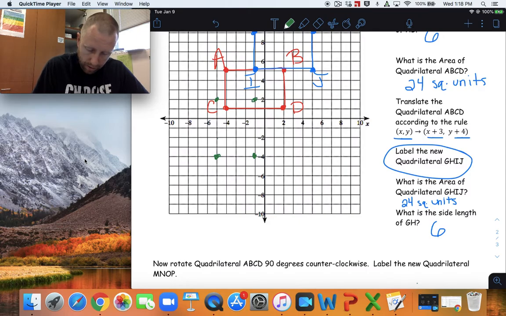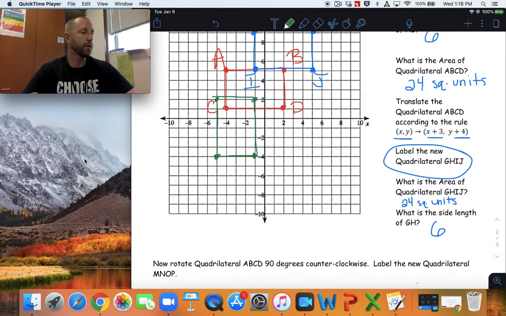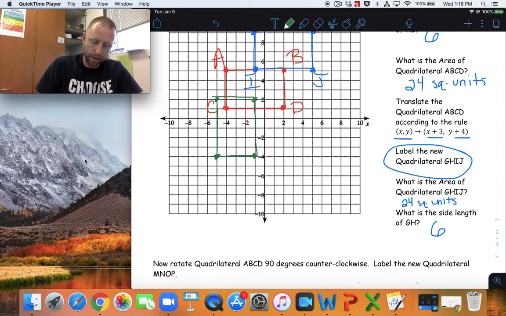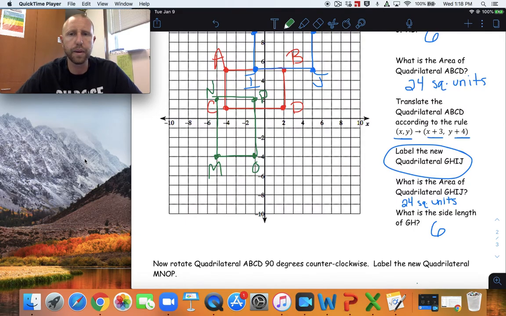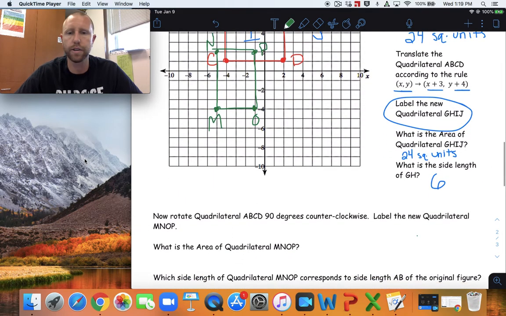And what I want to do is make sure that I label that correctly. So I've got M, hopefully that's showing up okay. N, O is down here. And P, yeah, that's showing up pretty good for you guys, good.